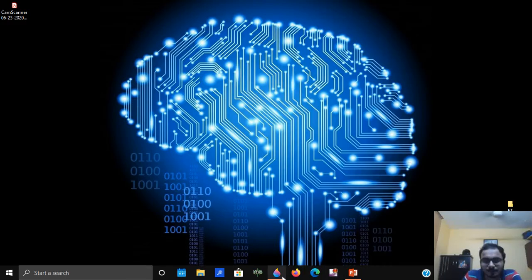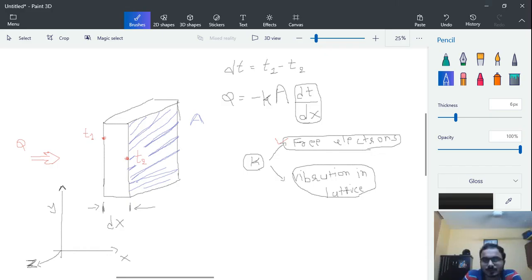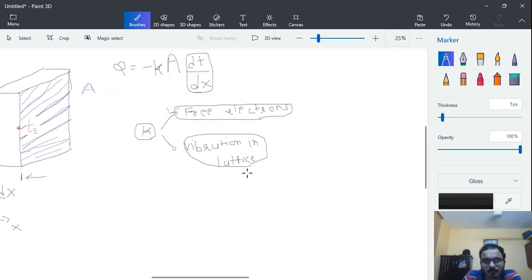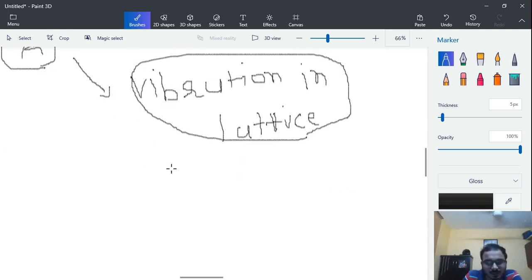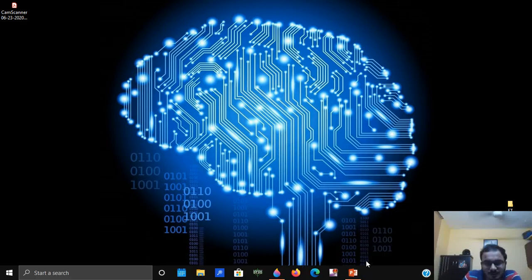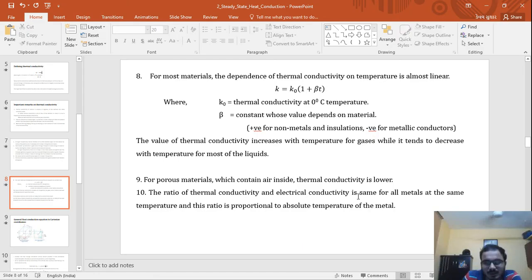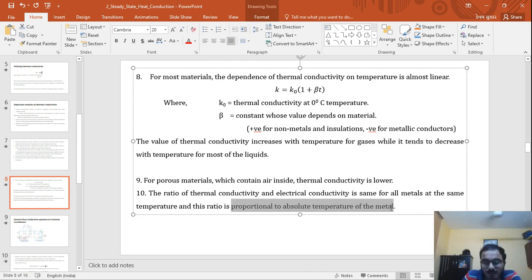It is trying to say that the value of thermal conductivity, which is K, and the value of electrical conductivity, which is sigma, this is constant. If you see again, this ratio of thermal conductivity and electrical conductivity is same for all metals at the same temperature, and this ratio is proportional to the absolute temperature of metal.